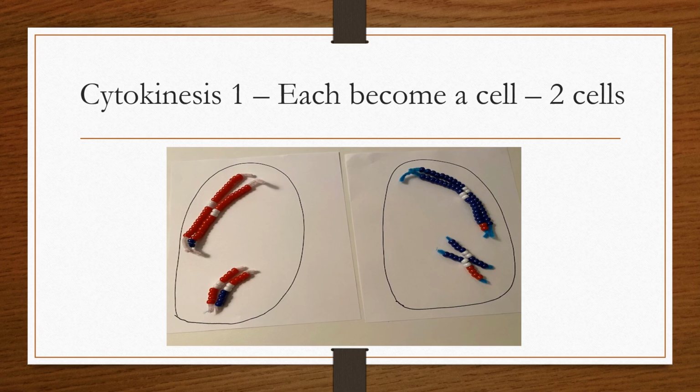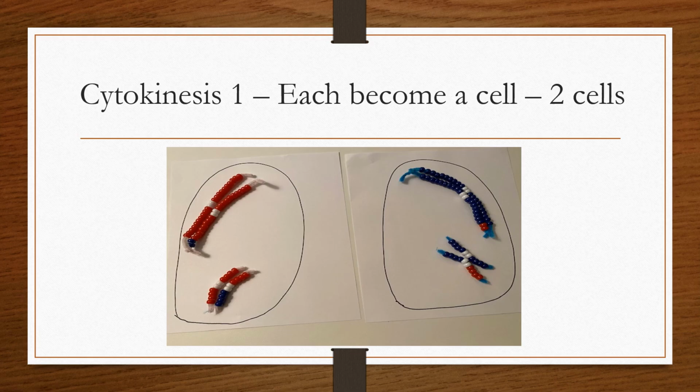So we went from four chromosomes per cell to half that, which is two chromosomes in each cell at the end of meiosis 1. Each cell is now haploid because it has half the number of chromosomes than when it started. So again, each cell is now considered haploid.